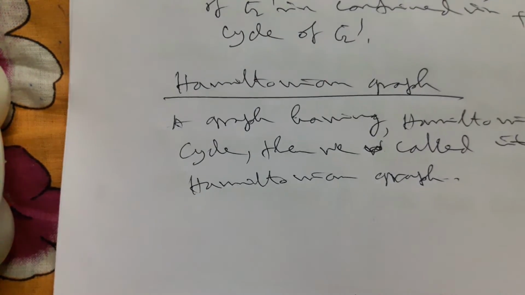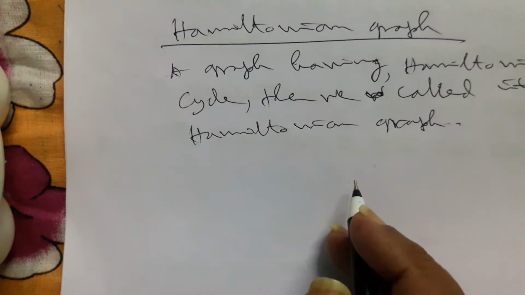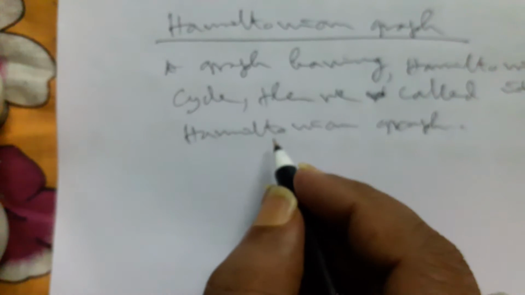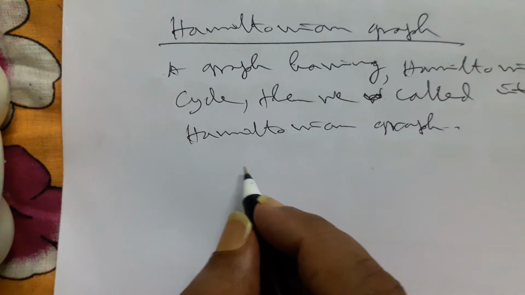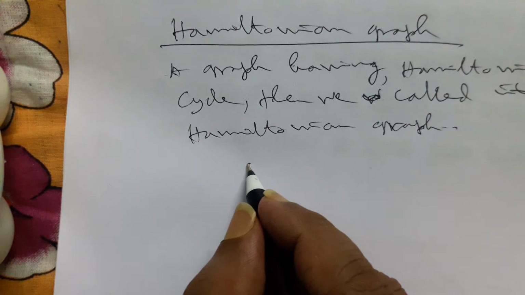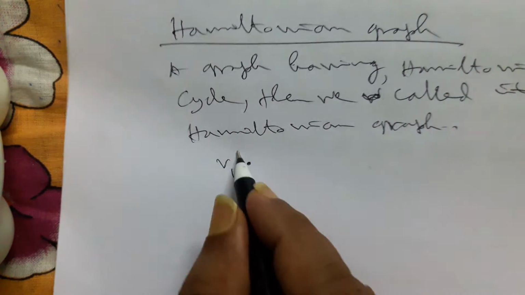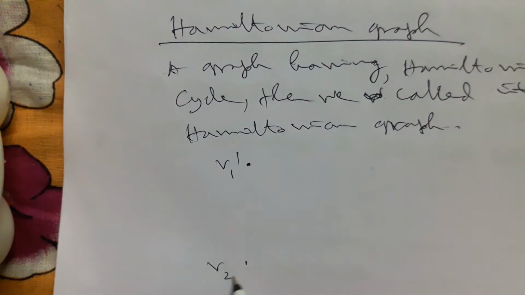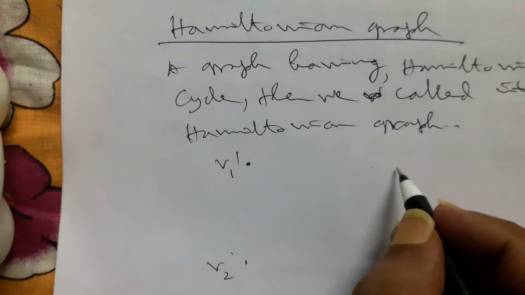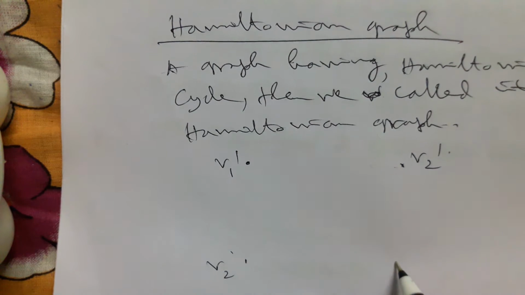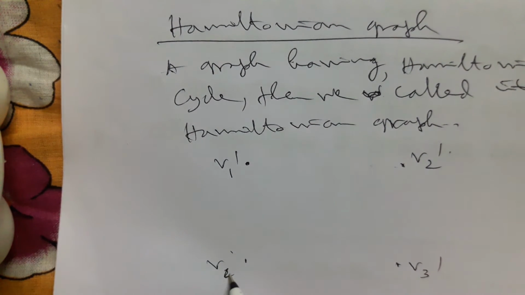Now if we follow with the help of a figure, that is, if we consider here the figure of a graph G dash, V1 dash like this, V2 dash, V3 dash and V4 dash in this way.